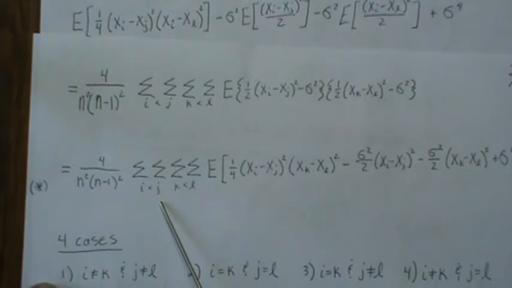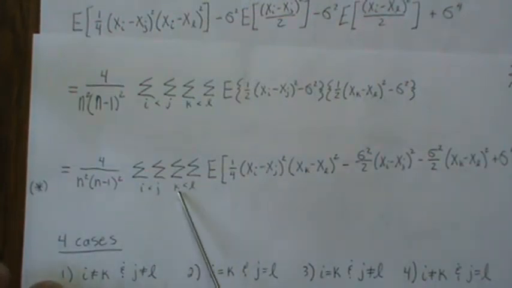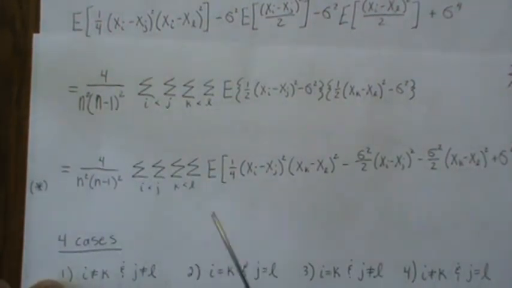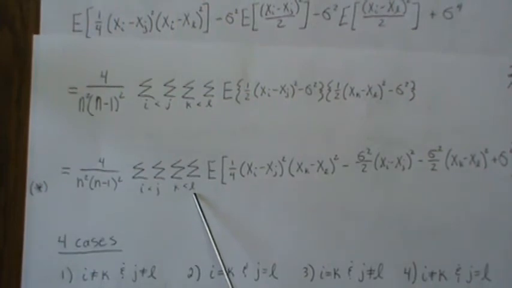If we look at our original sum, I and K are equal, but J and L are not. So if we randomly pick these, there's n choose 2 ways here, then K has to be I, so there's one way to pick it, and this one has to be different than them all. So once we pick this and this, there's only n minus 2 ways left over.